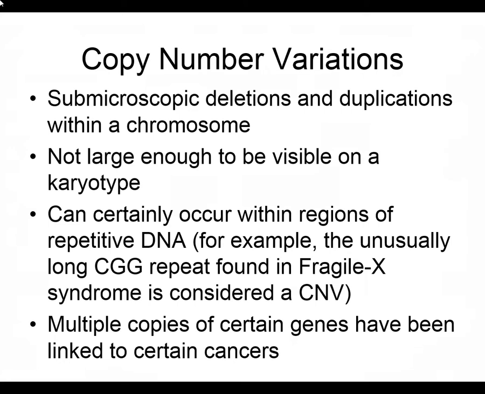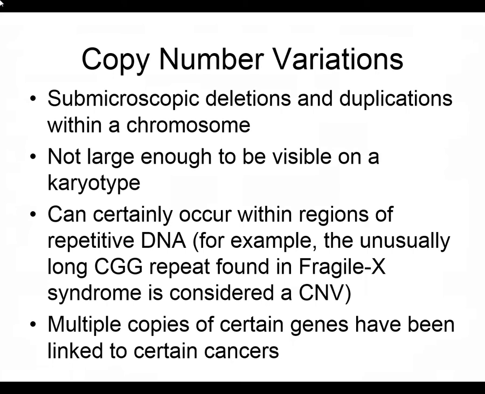And like the Fragile X story, that's a case where one individual or some individuals have an unusually long CGG repeat. So that would fit the definition of copy number variation. Sometimes it certainly happens in repetitive DNA sequences. It happens near genes. There are multiple copies of actual genes that have been found in certain individuals who have cancer.